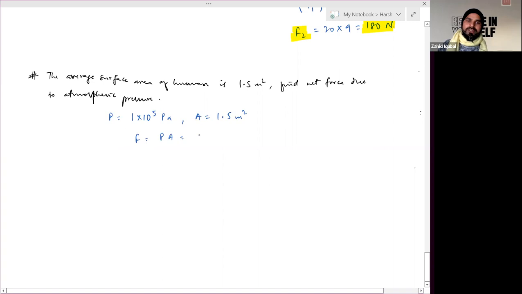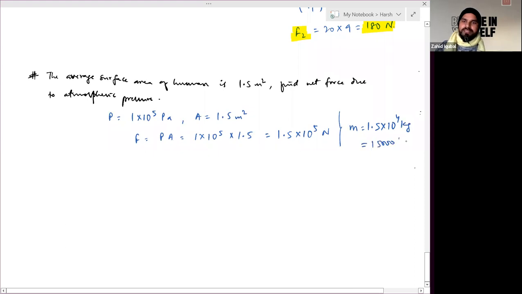Pressure is 1 into 10 to the power 5, area is 1.5. On multiplying, you will get 1.5 into 10 to the power 5 Newton, which in terms of mass, if you divide this expression by gravity, would be about carrying a load of 1.5 into 10 to the power 4 kg, or just 15,000 kg.